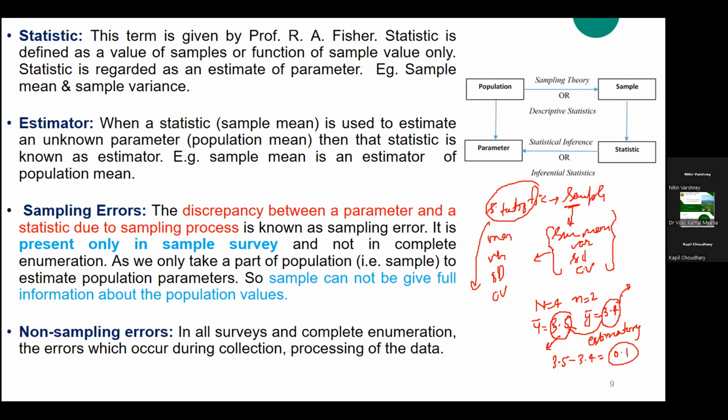Okay. Now, what about non-sampling errors? Non-sampling errors are the errors which are present in surveys as well as in complete enumeration. Complete enumeration is also known as population census.